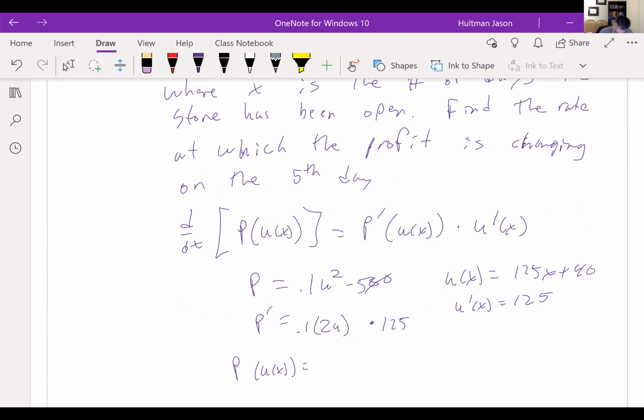I'm just going to put P prime. Okay, P prime is equal to 125 times 0.1, so that's going to be 12.5 times 2 is 25u, I believe. Do that right?